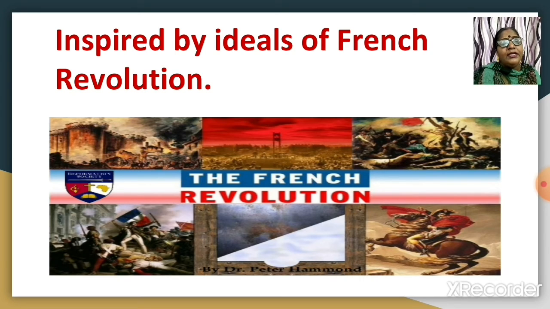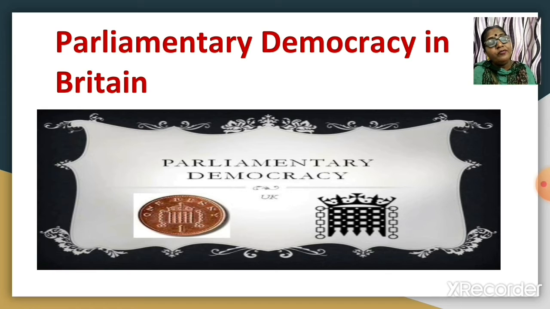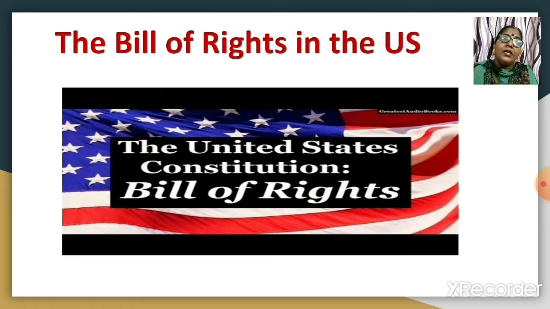Many of our leaders were inspired by ideas of the French Revolution, the practice of parliamentary democracy in Britain, and the Bill of Rights in the US.